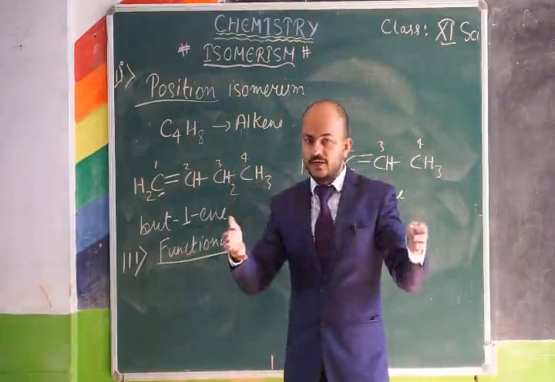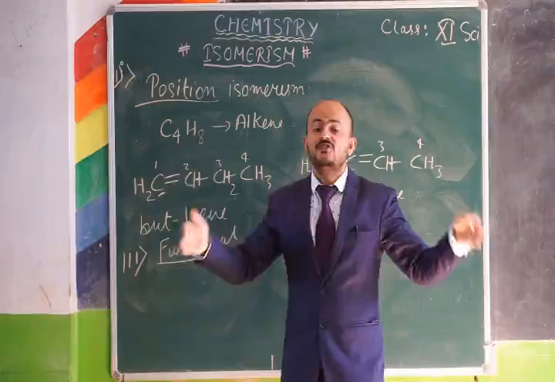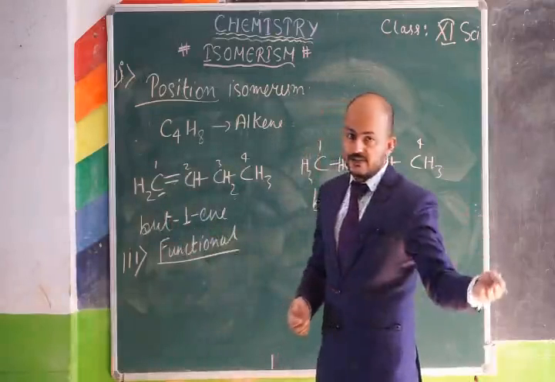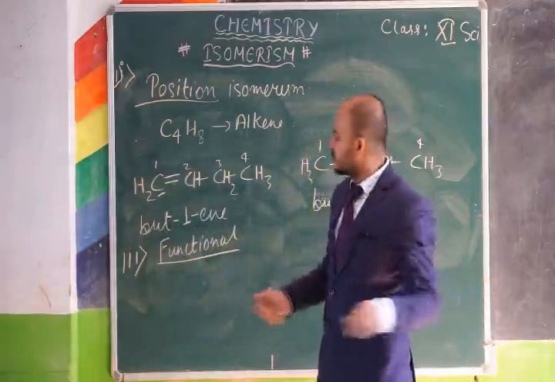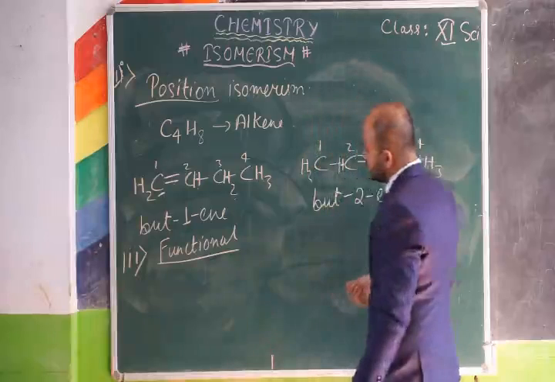Such compounds, where from the same molecular formula we can write two structures with two different functional groups, are known as functional isomers, and this phenomenon is known as functional isomerism. So let's take an example.